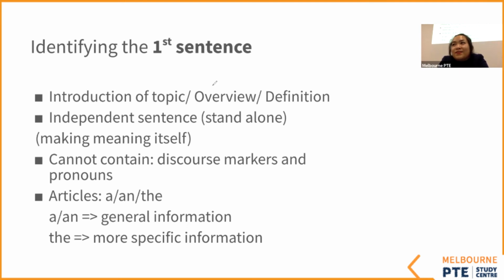A chair is one of these. If I say there is a chair in this room, do you know which chair I am talking about? No idea. So many chairs, right? But if I say there is the chair in this room that I like, I am specifically talking about one of the chairs that I like. Specific information. So I want you to understand the differences between a, an, and the.